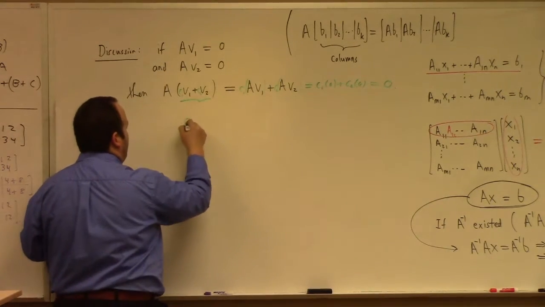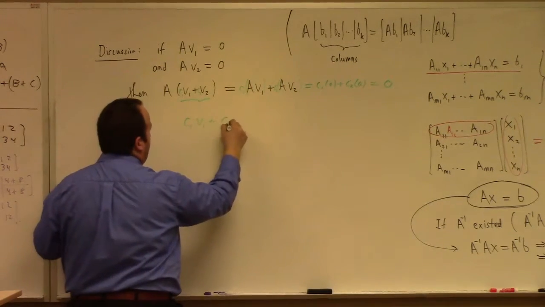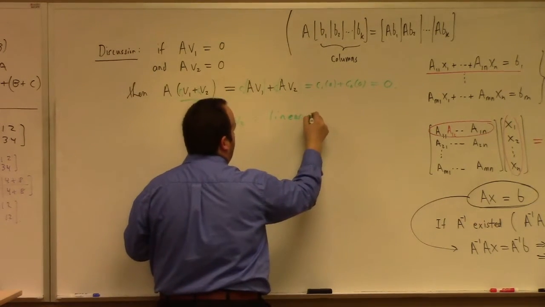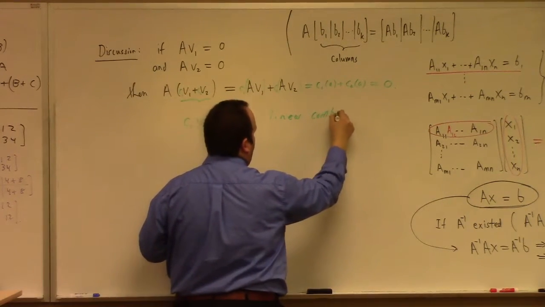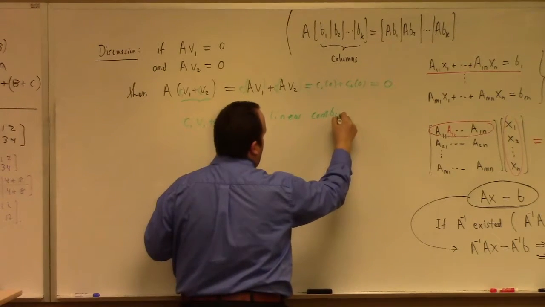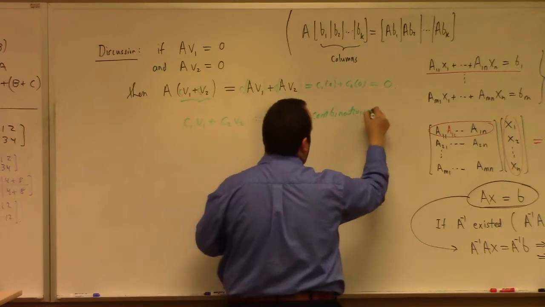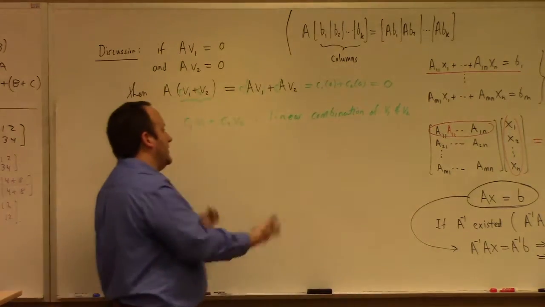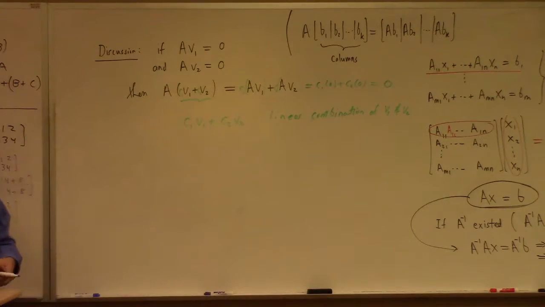Let me write it out in more detail. I'm saying C1V1 plus C2V2. This is a linear combination of V1 and V2. So a linear combination of homogeneous solutions is once more a solution.